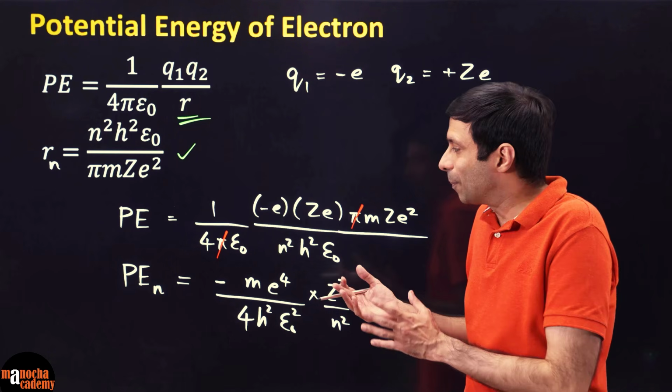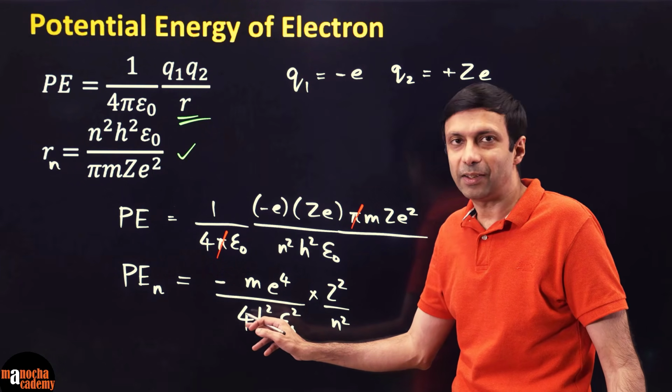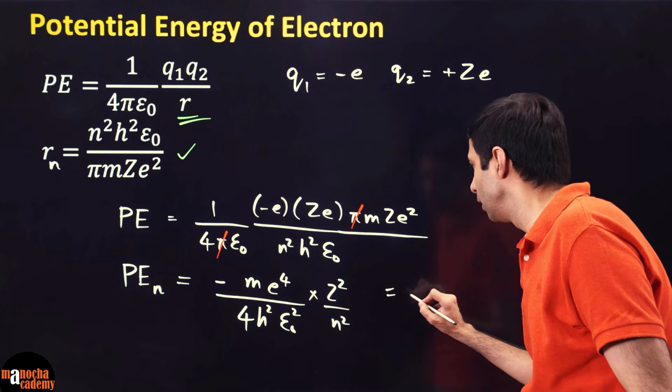Okay, so if you want to compare this potential energy with the kinetic energy, maybe I can change this to an 8. So I'll multiply the denominator and numerator by 2. So what will we get over here?